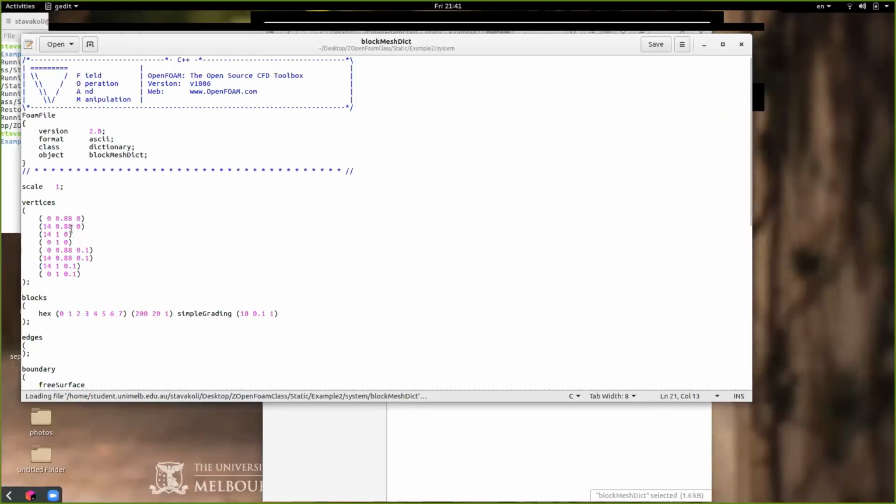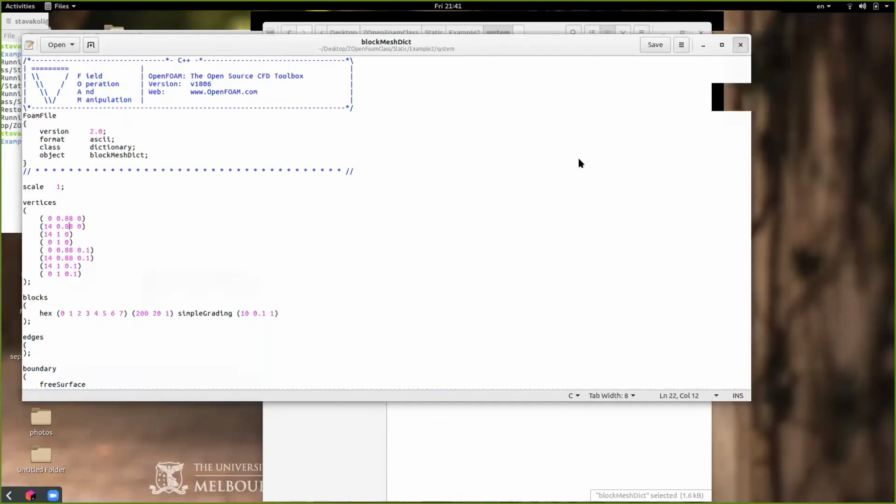I set the higher level to be 1 meter and the lower level to be 0.88. So now the water height is 12 centimeter.